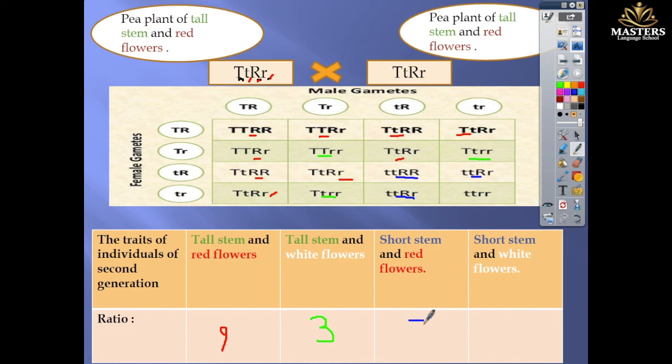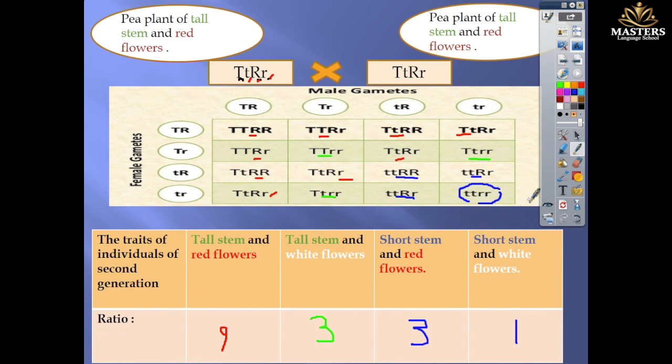Okay, so I will write 3. How many offspring have short stem, C small, and white flower, R small? Yes, I have only one with short stem and white flower.